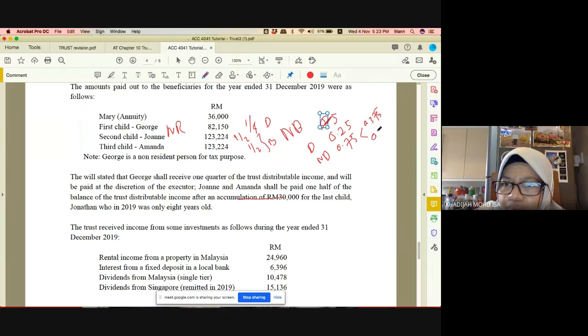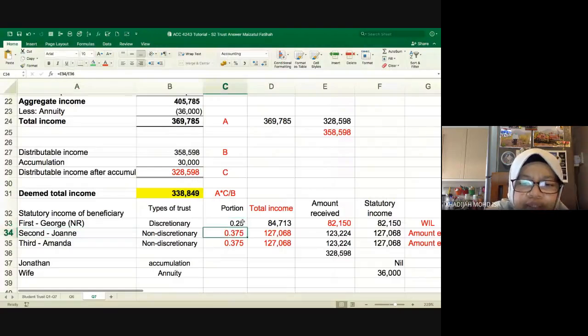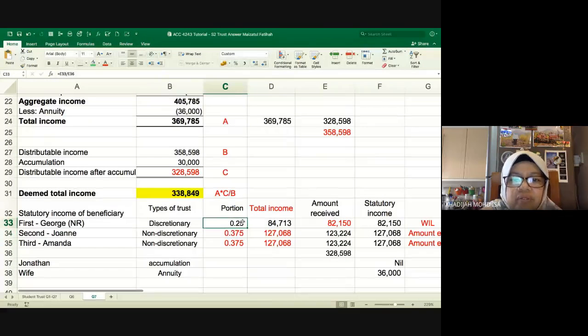That's how you compute your entitlement. Do you get this? So first you have to divide between discretionary and non-discretionary, then only you divide according to the entitlement. So here you have 0.25, 0.375, 0.375. And total income based on 0.25 times by, how do you get 84,713?